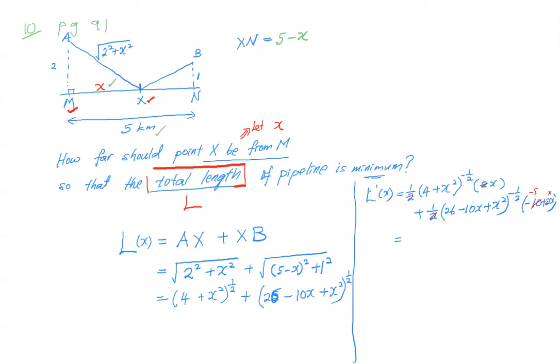So you get x over square root of, plus x minus 5 over square root of. Okay, now, are you okay? So now the next step, you just write down L prime x equal to 0.